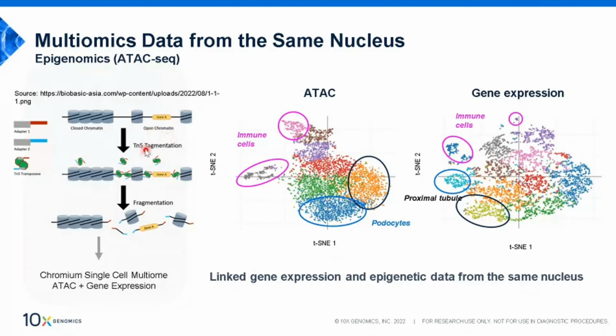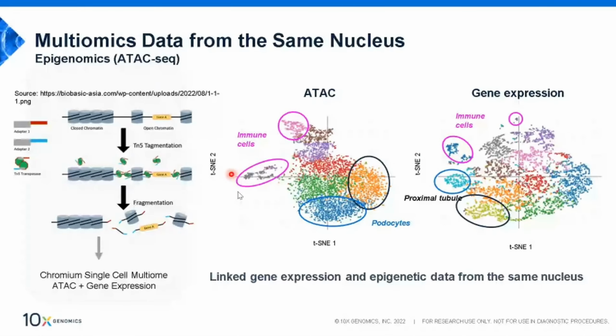The Tn5 transposase preferably adds the adapters to the open chromatin, but not the closed chromatin. By adding the adapter to the open chromatin and sequencing the adapter sequence, the feature barcode, we will then associate the region of the DNA to the gene expression profile.